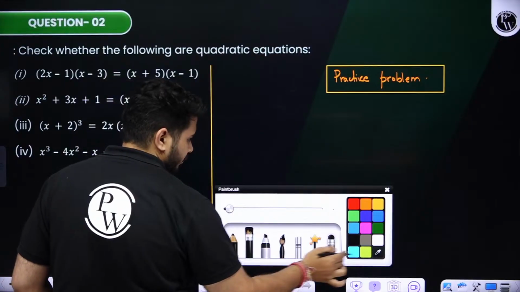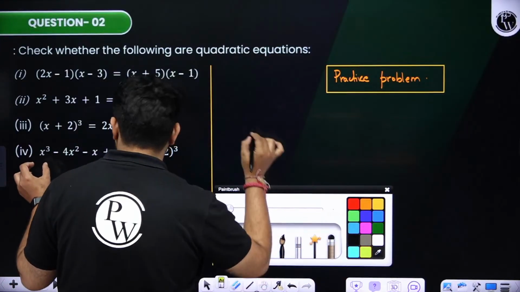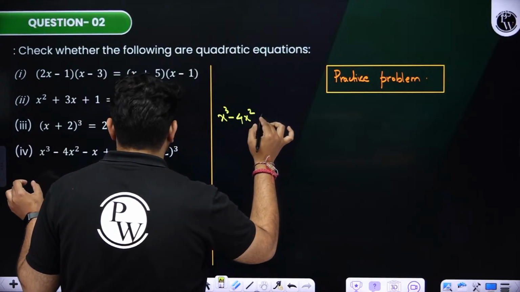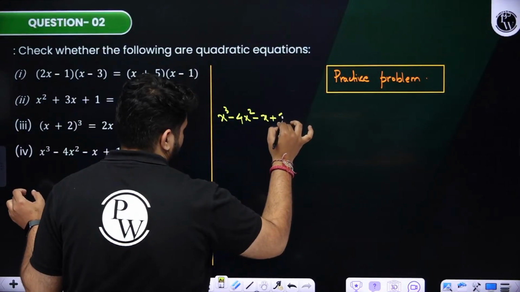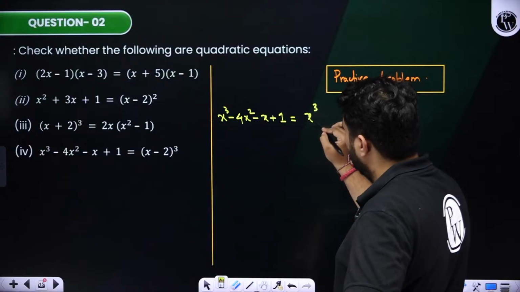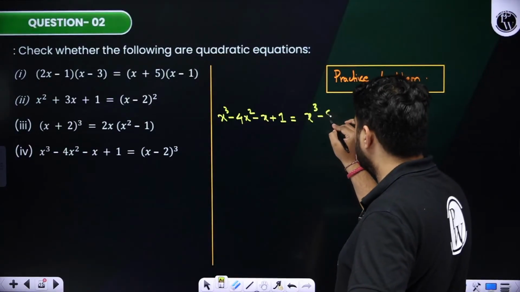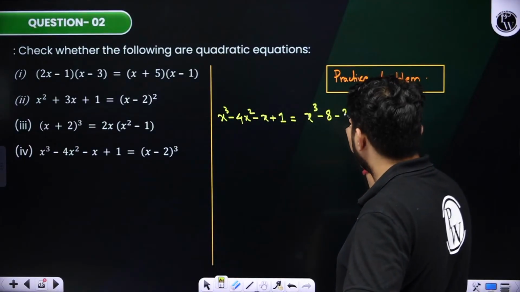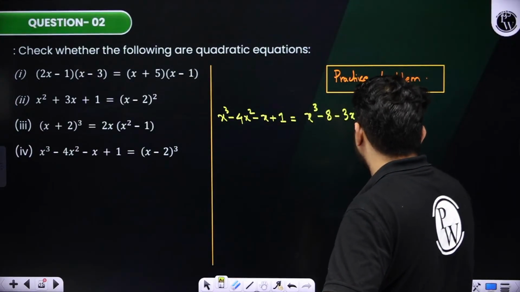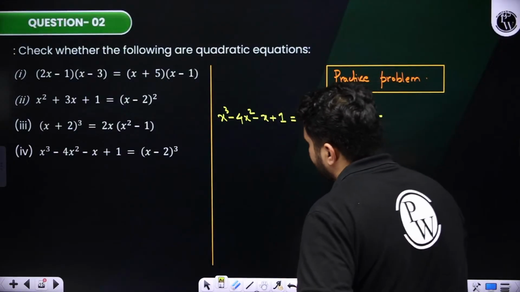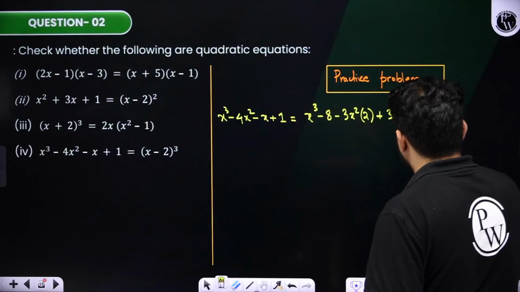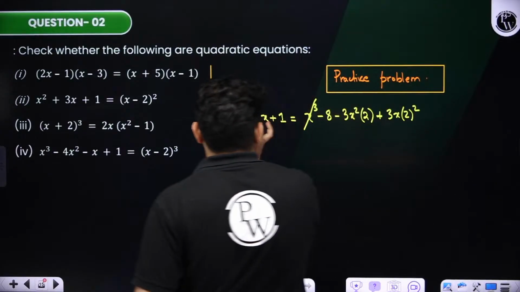Yes, what do we have over here, students? We have x cube minus 4x square, correct, minus x plus 1. So this is equals to, if we expand, we have x cube, correct, expand this, x cube minus 8 minus 3x square into 2, correct, minus, see what remains now, it won't be minus, it becomes plus, 3 into x into 2 square over here. x cube cancelled on both sides.